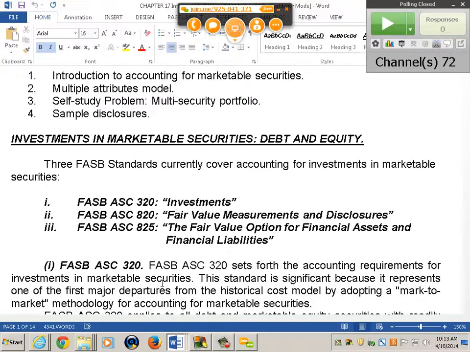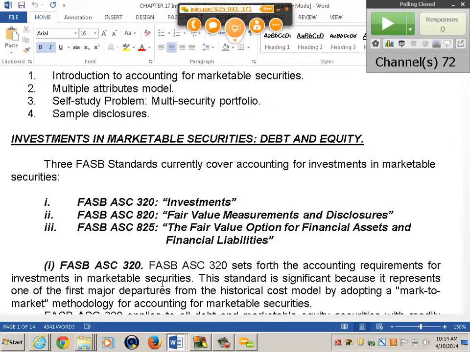And then there's this fair value option, which is interesting because that's the option that allows companies to measure certain eligible securities and eligible debt instruments at fair value. This happened with General Motors, I believe, during the recession.